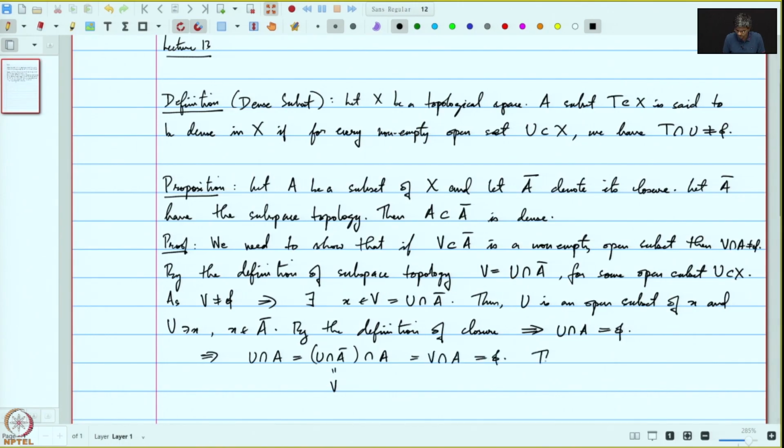So thus V intersection A is non-empty, which shows that A is dense in A closure.